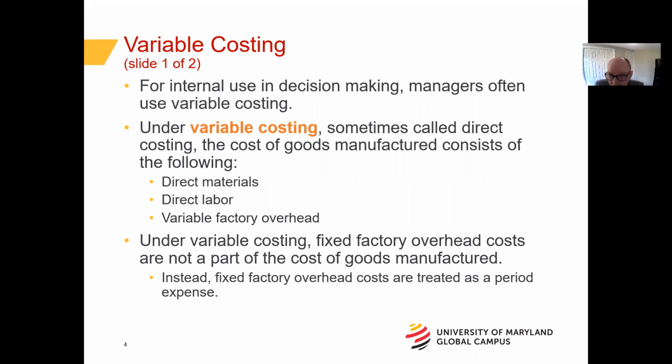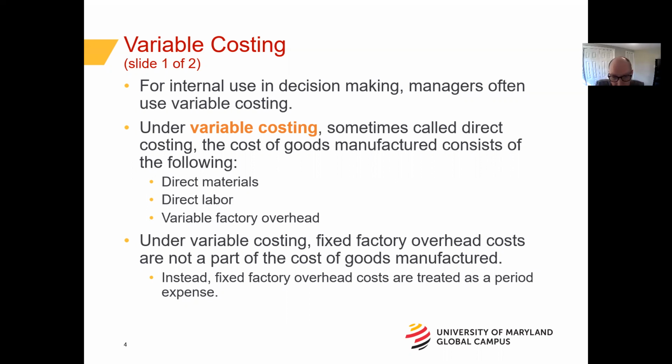The reason we take into consideration variable factory overhead instead of variable and fixed is because the variable factory overhead component changes with the level of output, making it, of course, a variable cost.